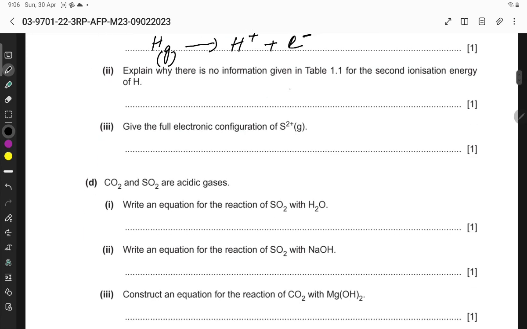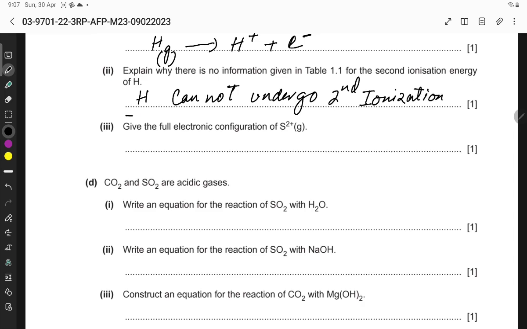Explain why there is no information given in the table for the second ionization energy of H. Hydrogen cannot undergo second ionization energy because it has only one electron.